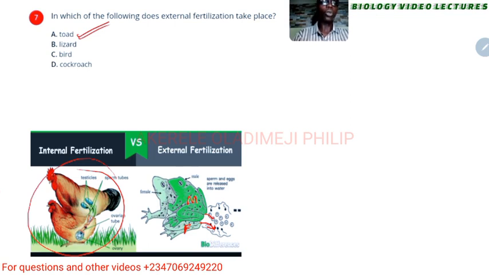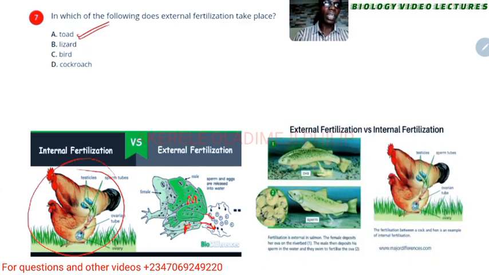So here we are again. Now, it's not only amphibians or the likes of toad that carry this out. Let me rephrase that. It might be wrong to say amphibians generally, because you have some amphibians that exhibit internal fertilization. So it's not all of them.